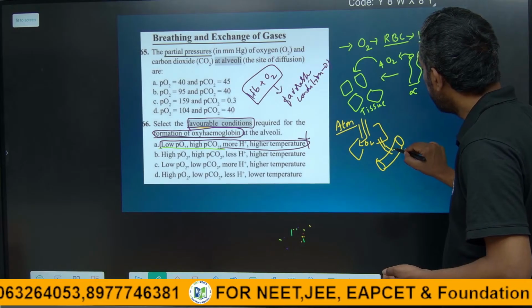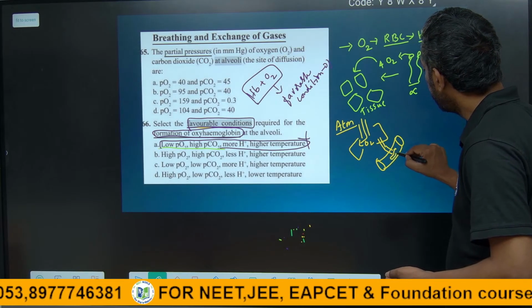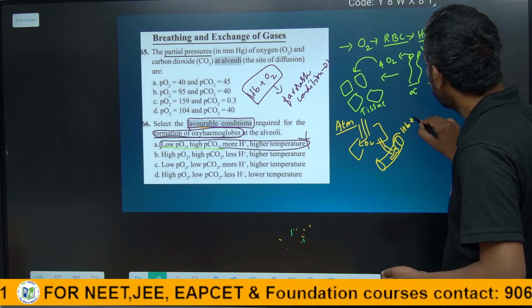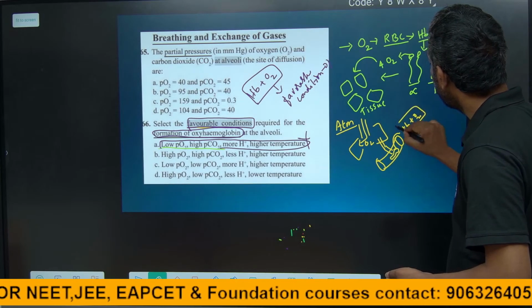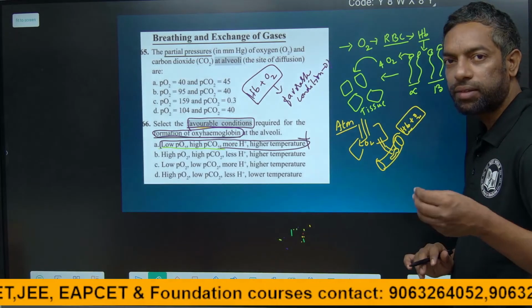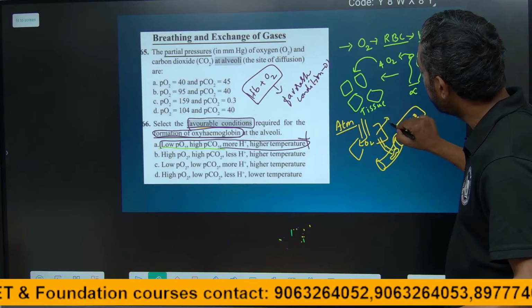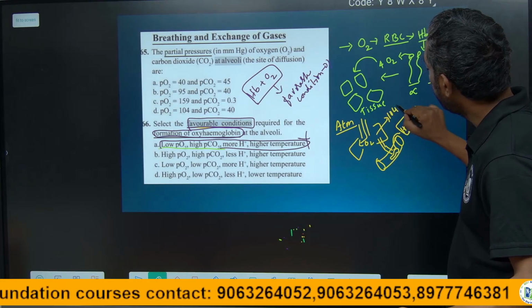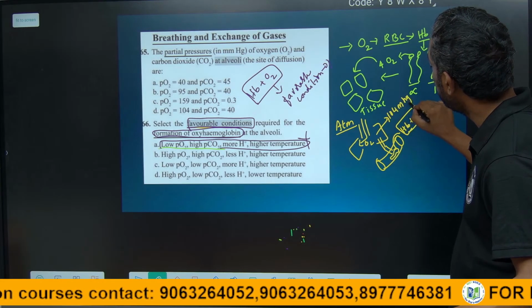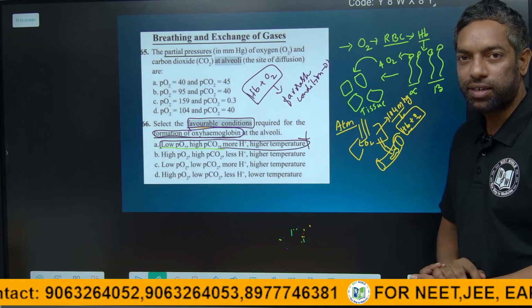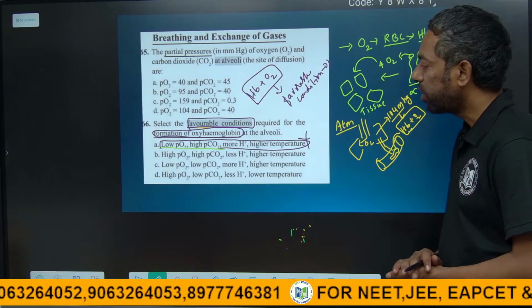From the blood they can reach the blood cell, which is hemoglobin. Oxygen can bind hemoglobin where the partial pressure is high. In the lungs the partial pressure of oxygen is 104 mmHg. This is high partial pressure, because of which hemoglobin can bind with oxygen.